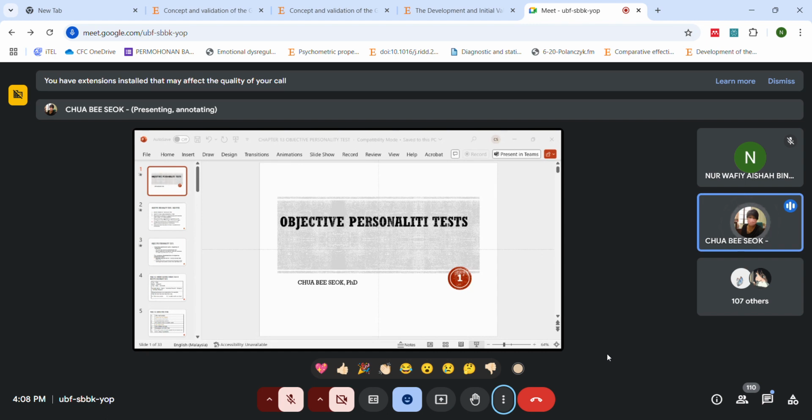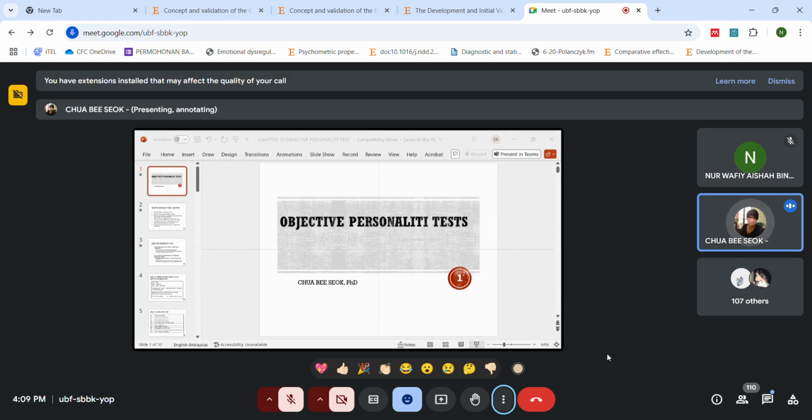For example, if you have a 5-point Likert scale, there are options for you to choose. Then we can calculate the score for that instrument or for that dimension by adding up or computing the score, and you get the total score for that instrument. So you can do the scoring objectively, just based on the answer.